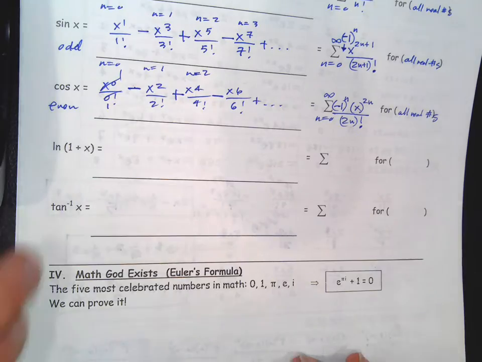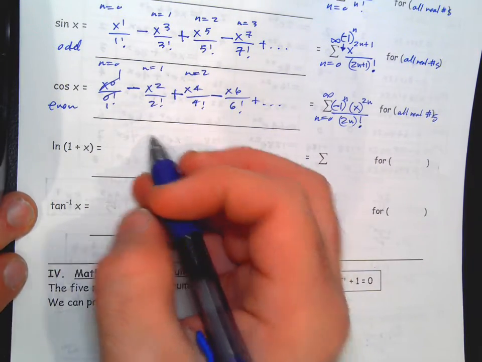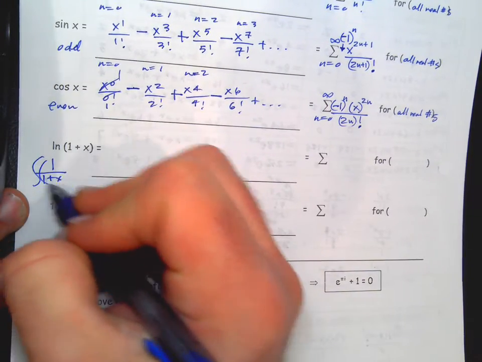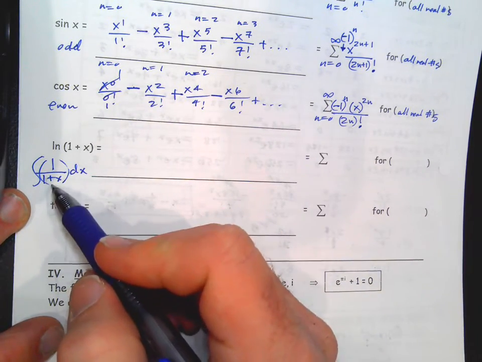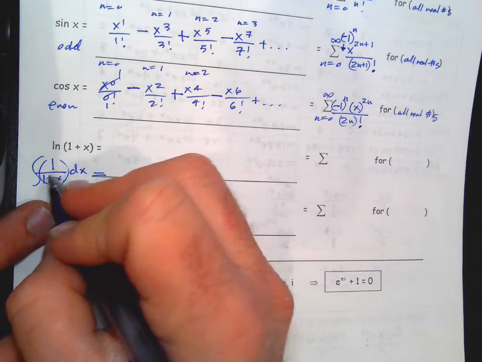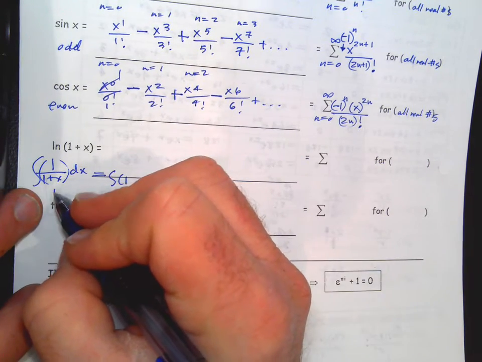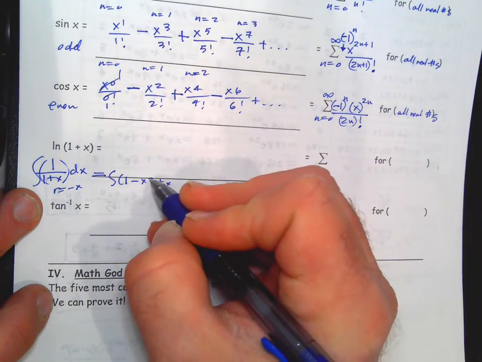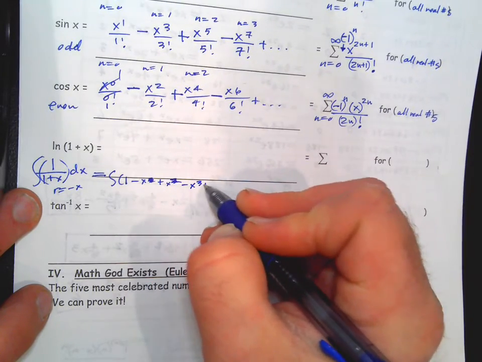Now, natural log, to me, it's hard to memorize this one. But the way we got it was by integrating 1 over 1 plus x. If you're wondering where this came from, we integrated 1 over 1 plus x. This series has a first term of 1, and the r value is negative x. So the series looks like 1 minus x plus x squared minus x cubed plus x to the 4th.